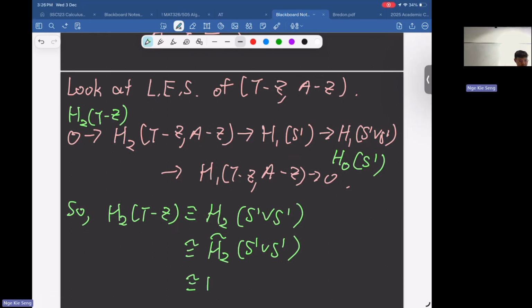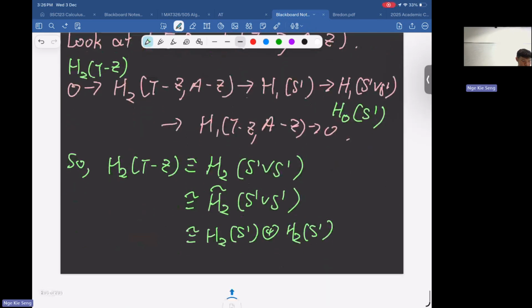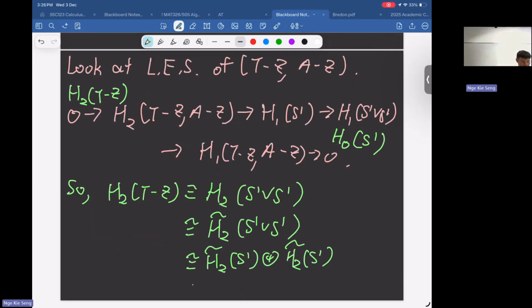So it is a direct sum of H2 of X1 plus H2 of X1. Is it homology or reduced? Let's check. So how do we split? It is reduced. Okay. So 0 plus 0, because only the reduced H_n of the circle is non-zero in degree n, so 0 plus 0 is 0.